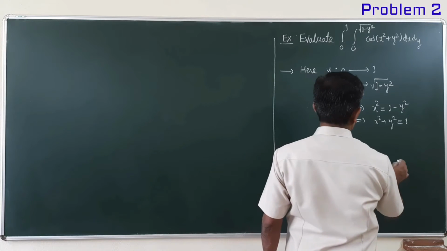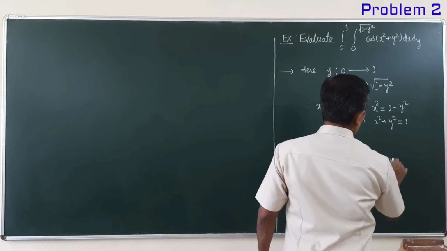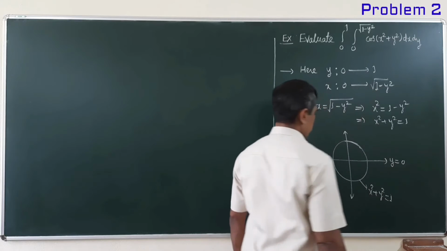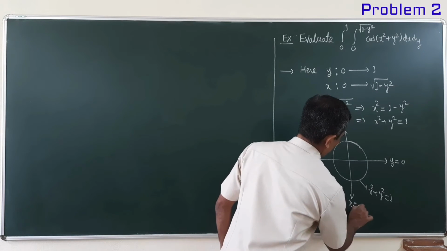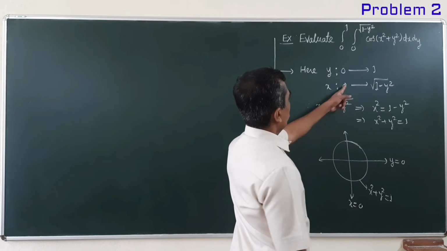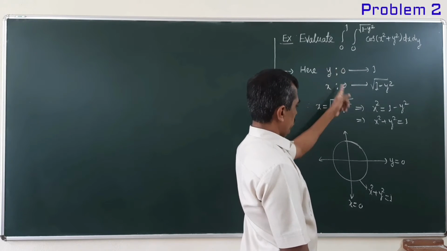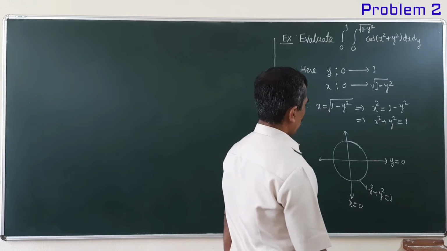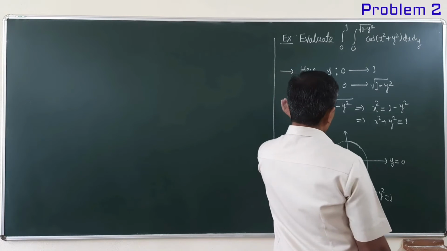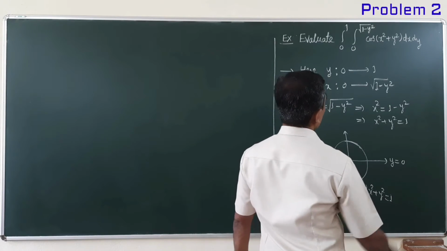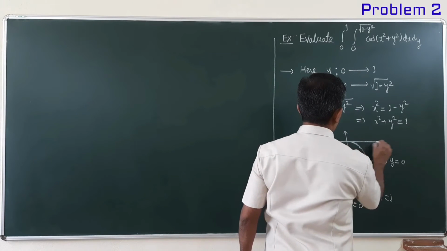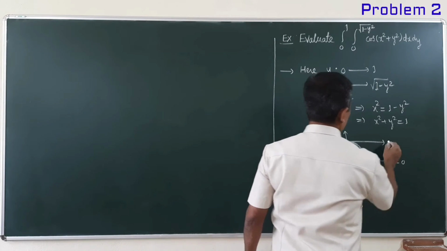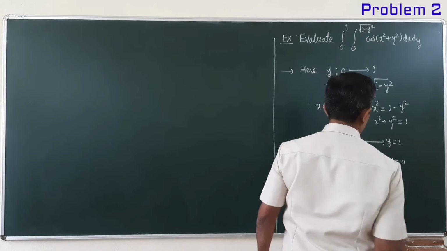This is your x axis, y = 0, and this is x = 0, the y axis. I have these two. Now y = 1. Where is y = 1? Y = 1 is here. So this line is y = 1.